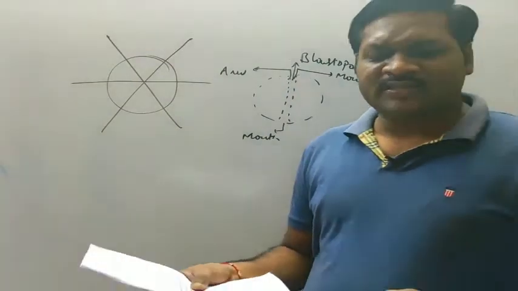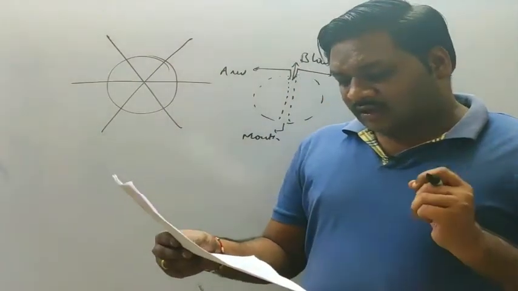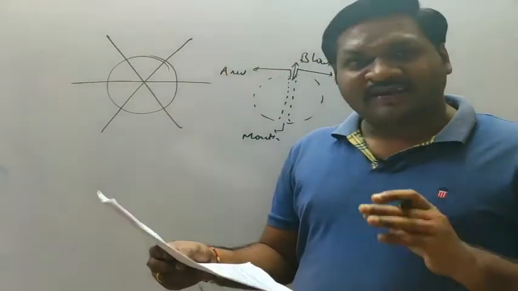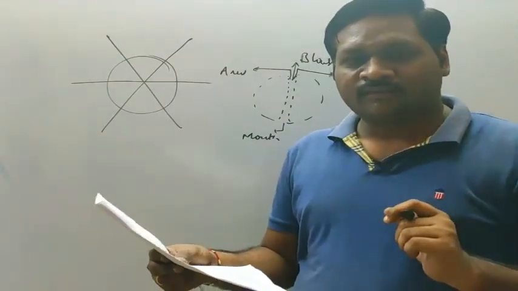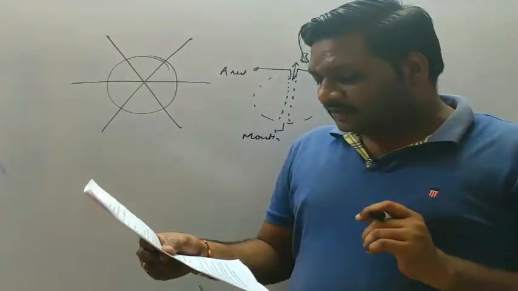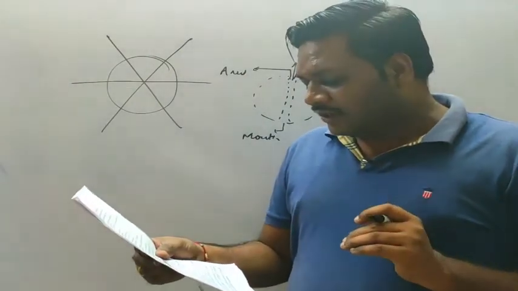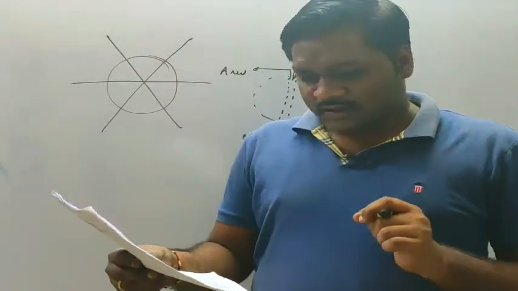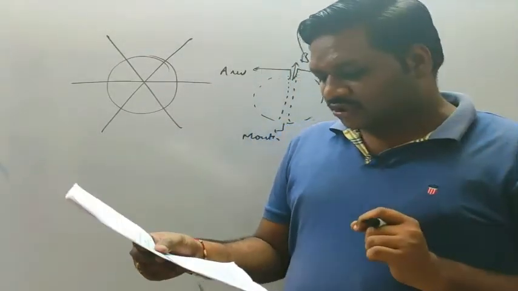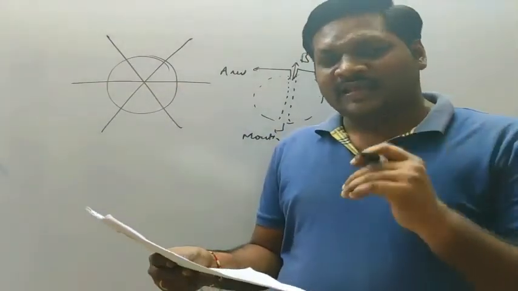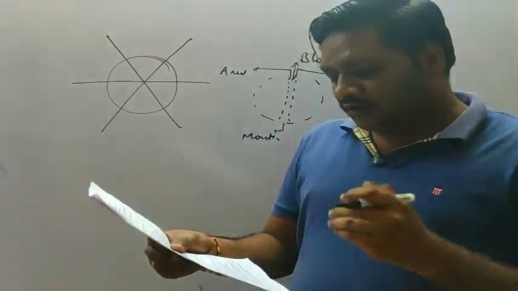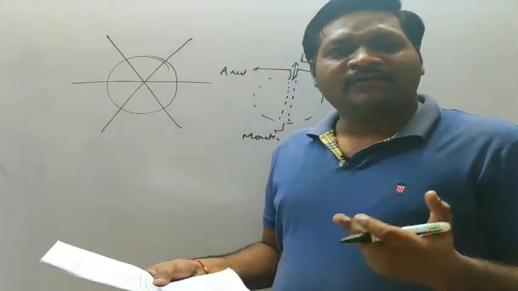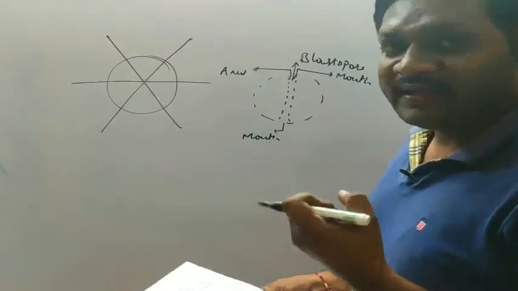Options are given: Annelida, Chordata, but Chordata were not the first to develop it, then Aschelminthes, then Echinodermata. So option A, Annelida, will be the correct answer for this question, as they are the first animals that have evolved a true body cavity.